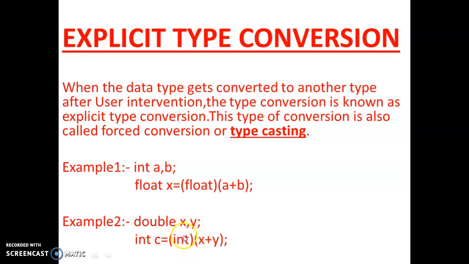Then the double gets changed to integer and it is stored in an integer type variable which is c. So you can notice, from here I change from int to double, and here I change from double to int. So it is my choice. The user can apply his or her choice and change to any other type. This type of conversion is called explicit type conversion or typecasting.